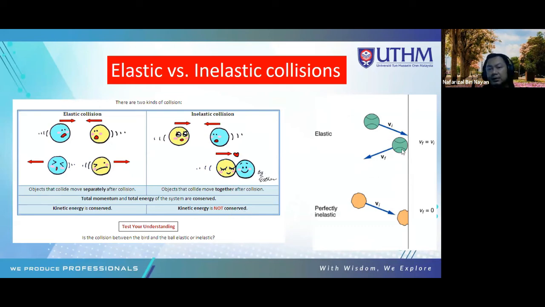So this is another example of elastic collisions, and also the perfectly inelastic. For example, when something hits the wall and sticks there, the energy after that is equal to 0. So that is a perfectly inelastic collision. For the elastic collision, the energy is preserved.